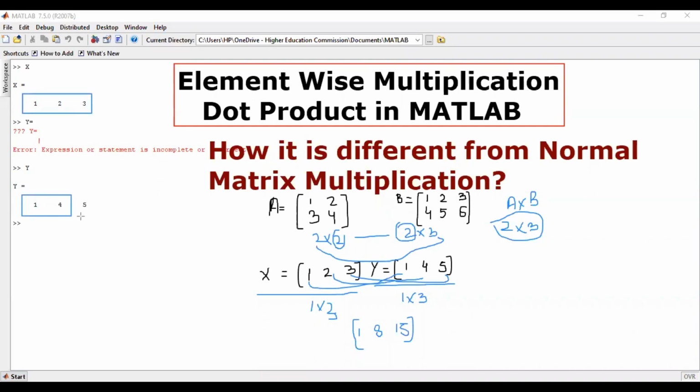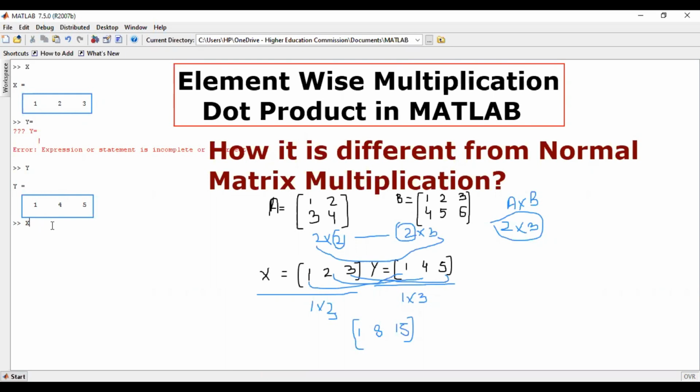Now how do I perform the vector multiplication, or the dot product multiplication? This is basically X dot star Y. You see this dot is the indication of a dot product or element-wise multiplication.